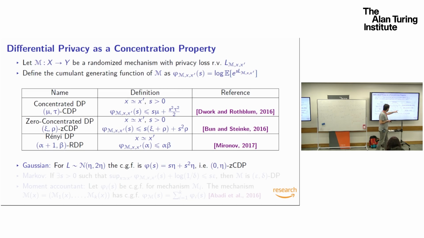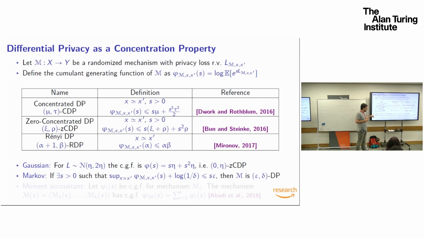So if you go here, for example, and you set psi to 0, this is exactly this form. So this thing is 0 eta, zero concentrated differential privacy. So basically, the idea is that these definitions try to abstract the concentration that we applied to prove that the Gaussian mechanism is differentially private, to say things just about this cumulant generating function.